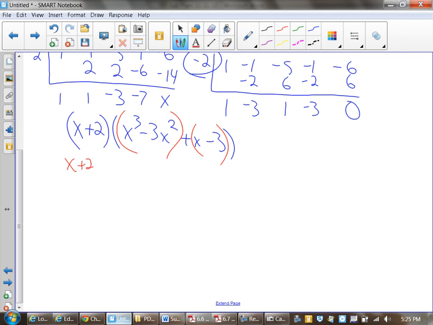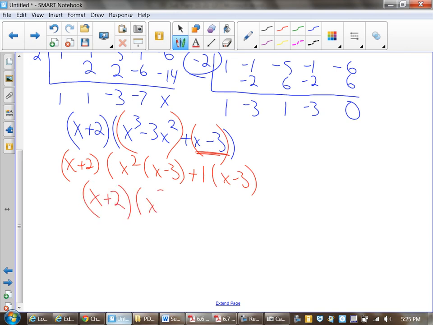So we have x plus 2. Factor out your x squared, you get an x minus 3. If they have nothing in common, it means they always have a positive 1 in common. Factor it out, you have an x minus 3. Your final answer is x plus 2, x squared plus 1, and x minus 3.